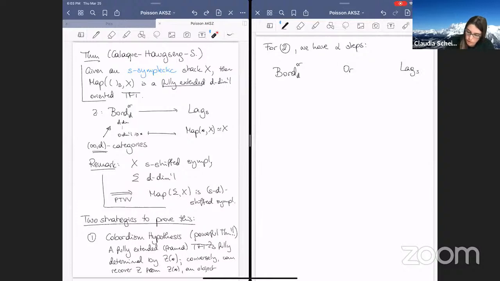We will put something in the middle, which I will call oriented D. And then we go to Lag S. Okay, so this first part, the idea is basically you just chop bordism into the pieces. So what I mean by this is that I want to get a co-span or co-correspondence. So eventually we want to end up with some correspondences on this side. So I have to get some co-correspondences in between.